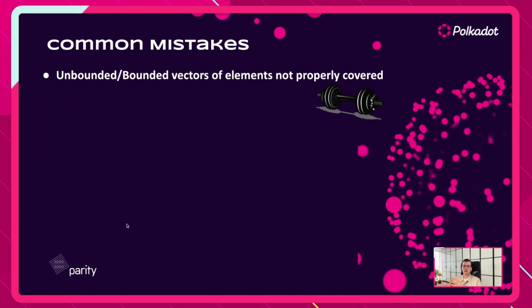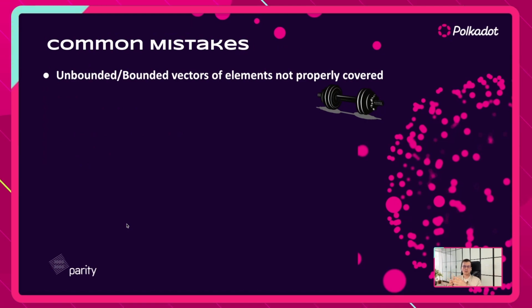Imagine a situation that we have an extrinsic that does an operation on each element of the vector provided as a parameter to that extrinsic. In the mistakes that I've seen, the weights weren't adjusted to the size of the vector, but were adjusted to the size, for example, of 3 elements.